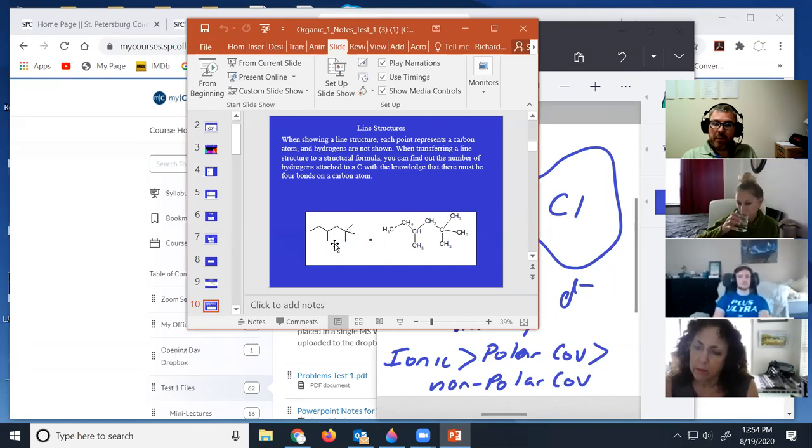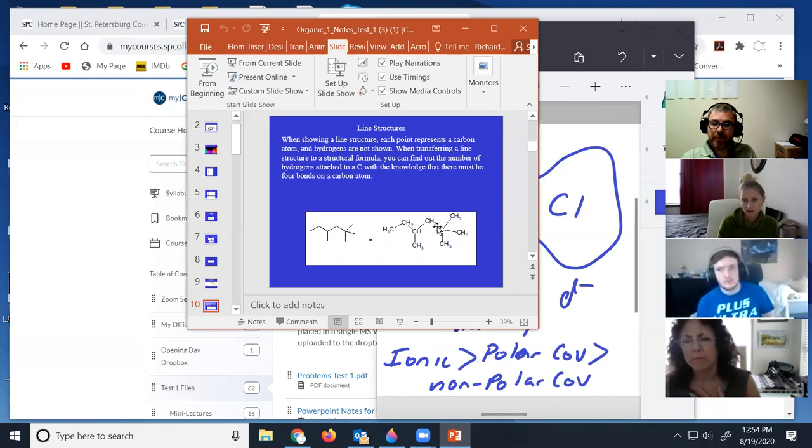All right, so I'm going to show you how this relates to this, and you can see that we've got the C's here. You've got the C in the middle, and then the 3 C's attached to that, and those are CH3s. Now, look at the number of bonds. See how you've got 1 bond from this middle carbon out to the end? That tells you 1 bond is accounted for, and that's how we know there must be 3 hydrogens on that carbon.